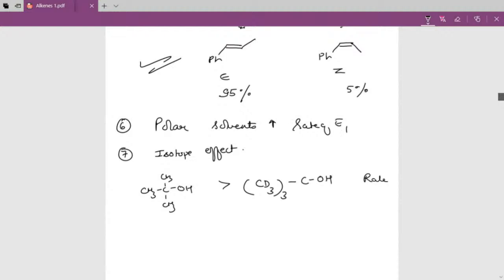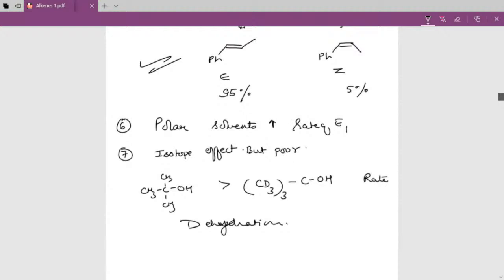If I want to talk about the rate, this is what the rate of dehydration of this reaction will be. And the reason is the presence of alpha H and presence of alpha D. As it comes to D, certainly there will be higher barrier for the elimination. So yes, it is showing, but it is not showing the primary kinetic isotope effect. Okay, isotope effect, but poor.